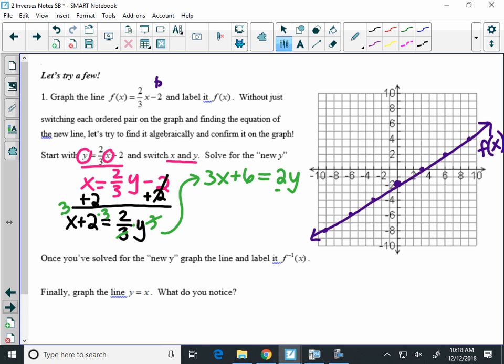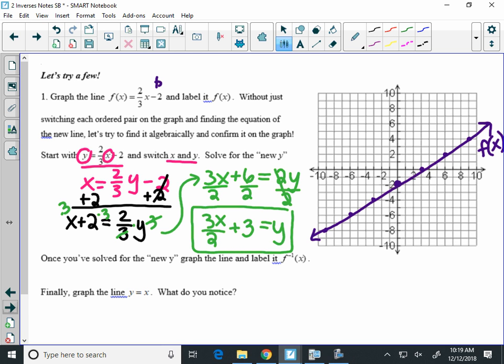The last step is to divide everything by 2, so I'll get 3x over 2 plus 3 equals y. That equation is the inverse function, f inverse of x.